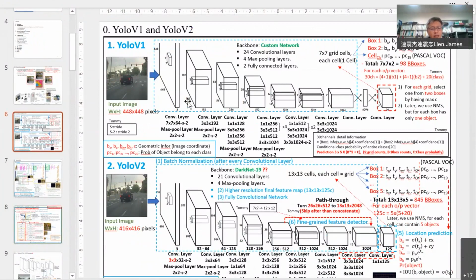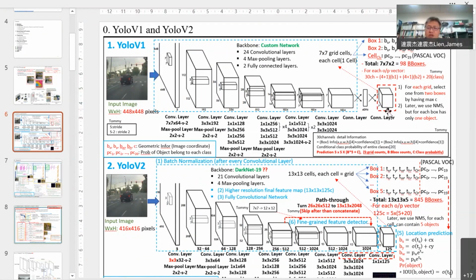They do 5 downsampling, from the original one they encode and do 5 downsampling, and the final result is 7 by 7 pixels. Here they use a fully connected network, because this is 2015.